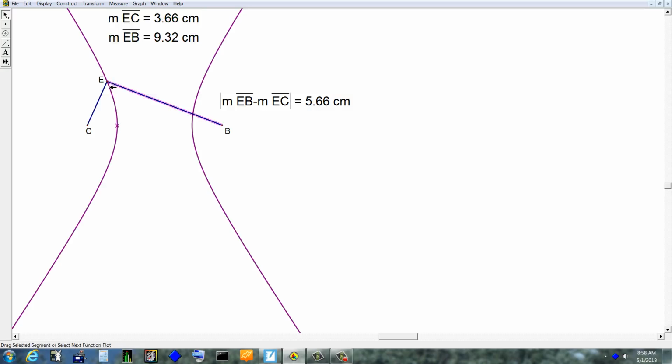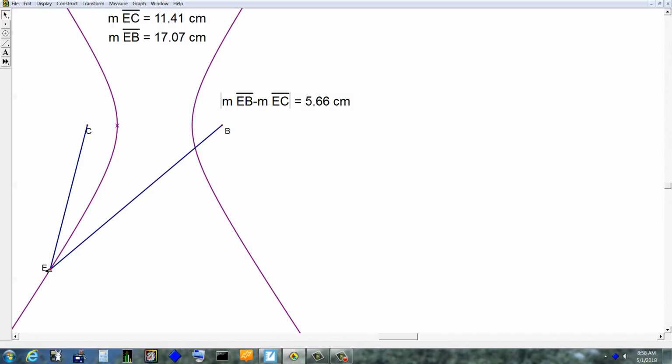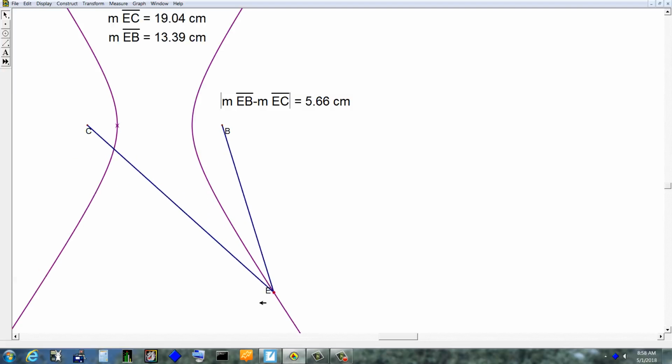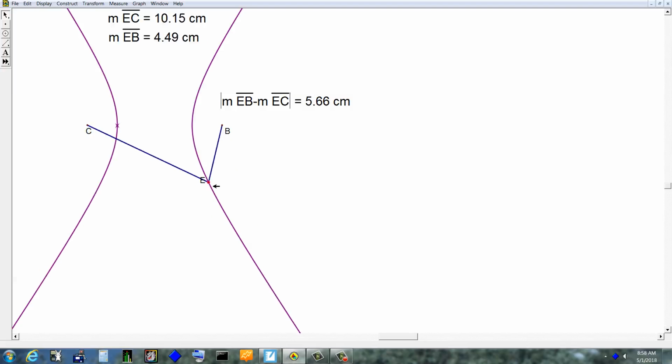Let's drag it a little bit. You can see as I drag it, if you subtract those two numbers, you can check it if you want, but it will come out to 5.66 all the time. If I go over to the other part, same thing.